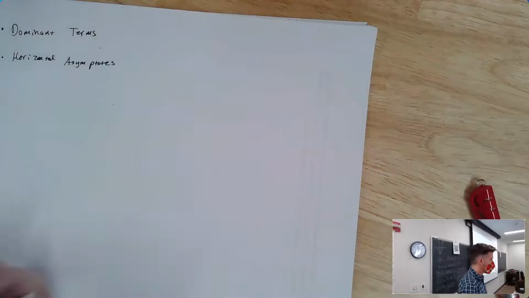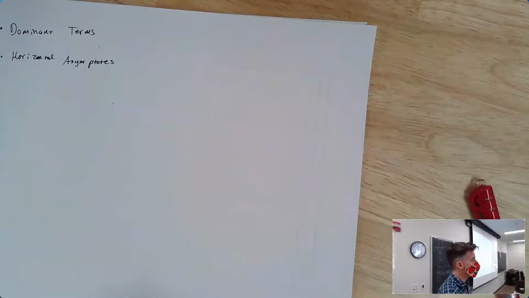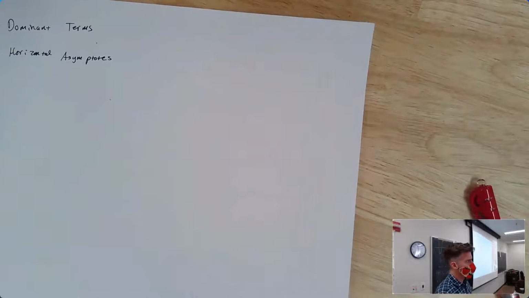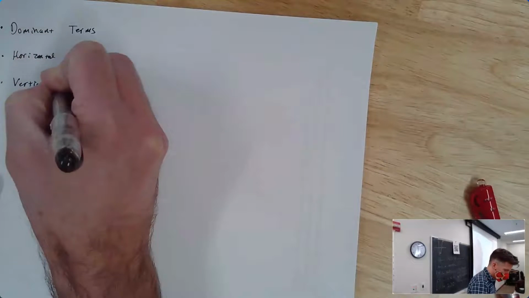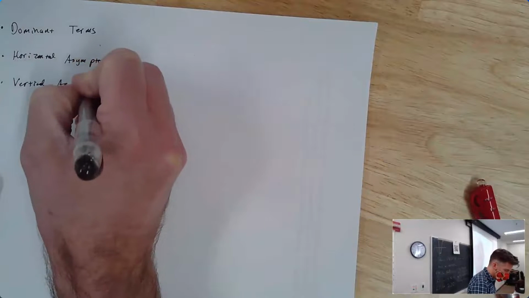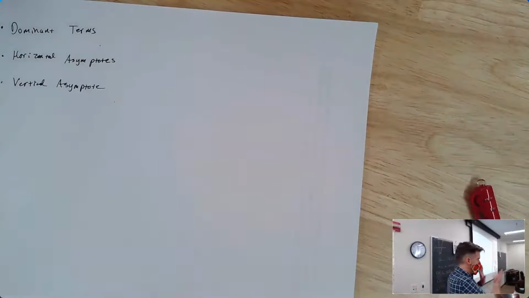And for vertical asymptotes, with one exception, you find where the denominator is zero. But we'll talk about that as well. These all go together. Dominant terms and horizontal asymptotes are kind of two sides of the same coin.